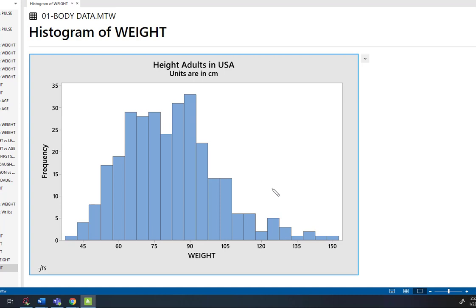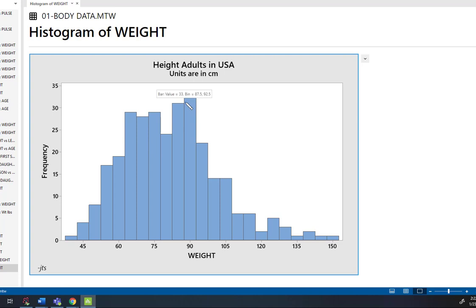This is characteristic of a pattern where we may have some underlying variable that's making height different. Like it looks like over here on the left, I've got a normal distribution where this is the average height right in here.